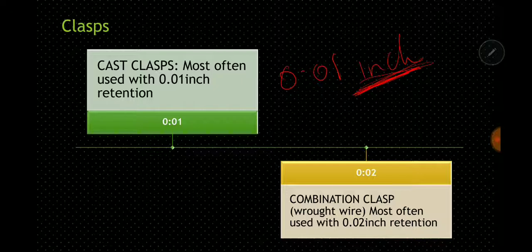A wrought wire clasp, or combination clasp, is usually used with 0.02-inch retention, so it has to be at least 0.02 inches. When you're using your surveying table and getting your survey lines, if you're planning to use the wrought wire, then it has to be a 0.02-inch retention.